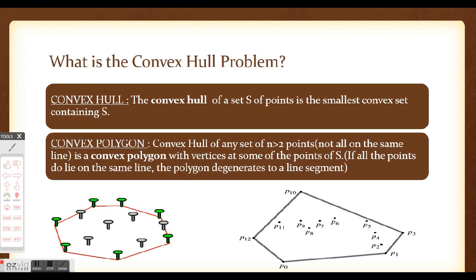A convex polygon is a shape or convex hull of a set S of n points where n is greater than 2, and if n is equal to 2, then the convex polygon degenerates to a line segment. So the figure here, P12, P10, P3, P1, P0, forms a convex polygon.